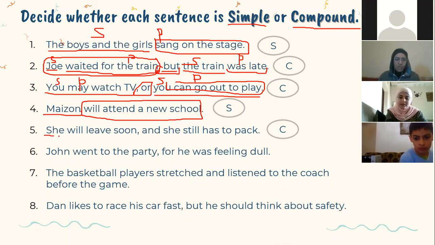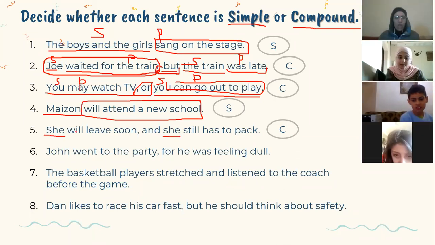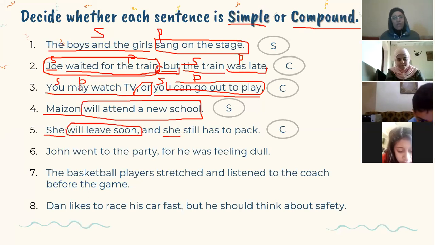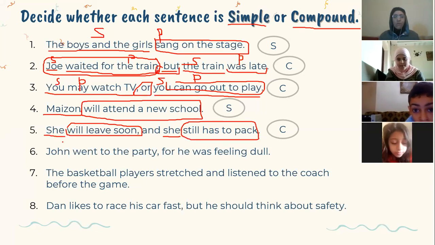We have she and she. And how many predicates? Two: will leave soon and still has to pack. So this makes it a compound sentence because it's made up of two independent clauses, or two simple sentences, we can say. Thank you, Eltaf.